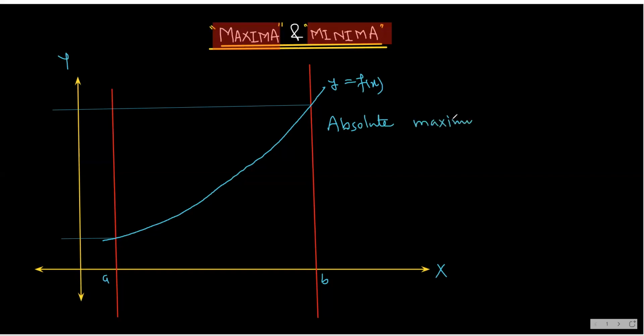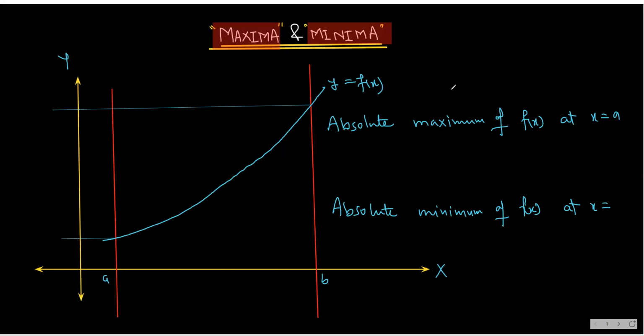Absolute maximum of f of x, that is function y equals f of x, at x equals a, and absolute minimum of f of x at x equals to, I'm sorry, I made a mistake. The absolute maximum is at b and the absolute minimum is at x equals a.